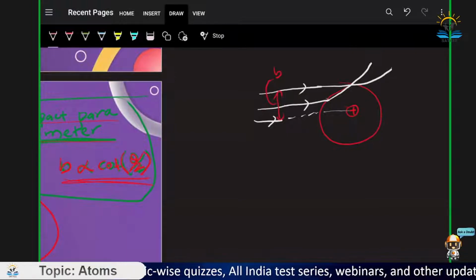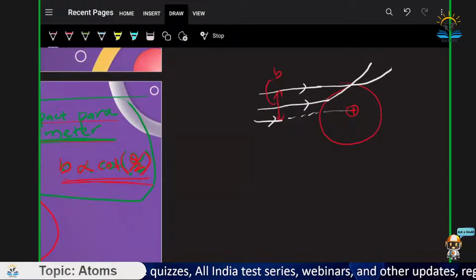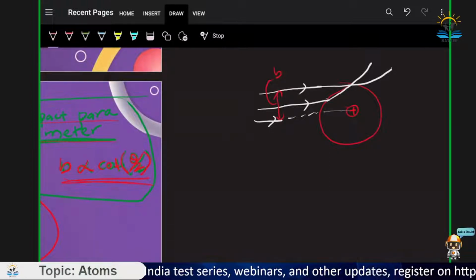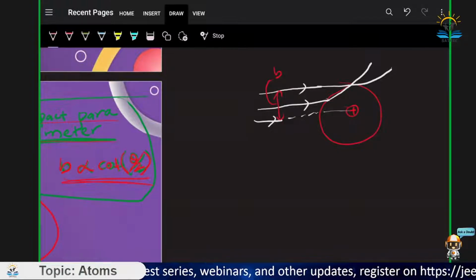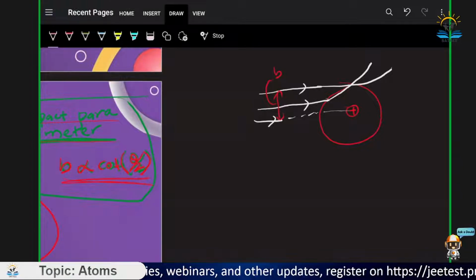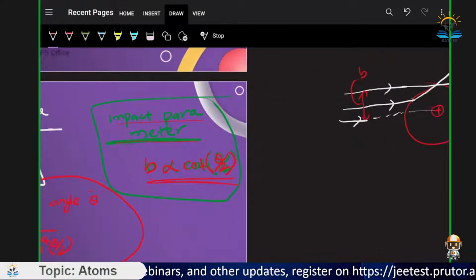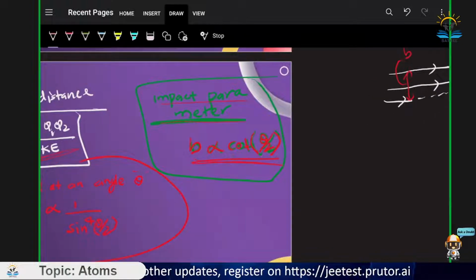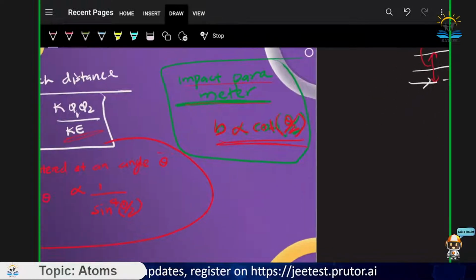If the distance from the nucleus is more, the deviation will be less because there is less repulsion. So impact parameter is directly proportional to cot theta by 2. For numericals, we have to memorize this.